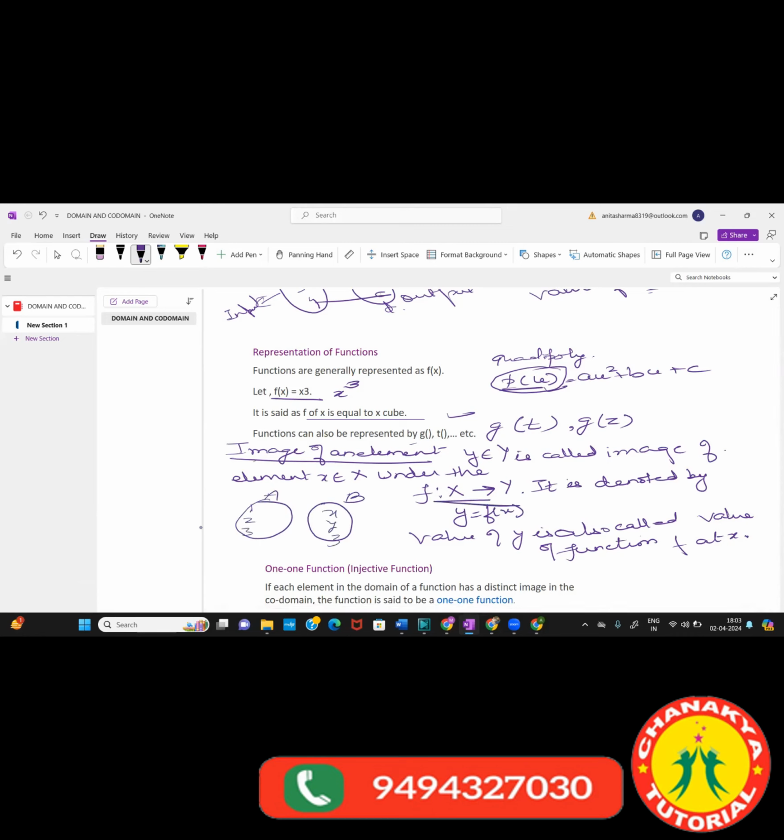Suppose a mapping is there from set A to set B. So here the image of 1 will be x, the image of 2 will be y, and the image of 3 will be z. Got it, my point? Yes, ma'am, I got it. Okay. So this is the thing.